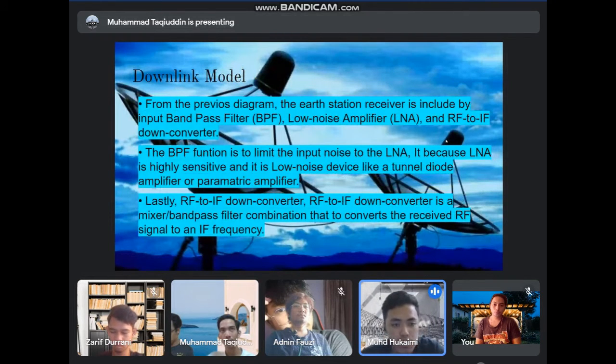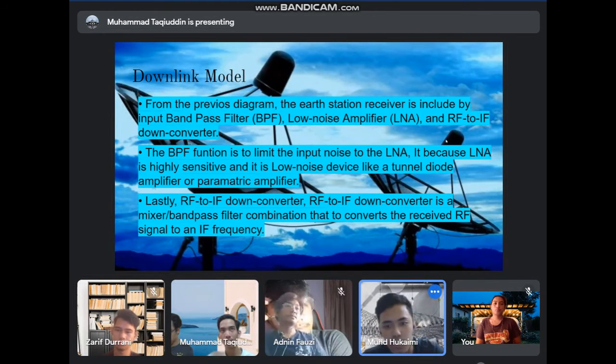From the previous diagram, the Earth station receiver includes an input bandpass filter BPF, a low noise amplifier LNA, and an RF to IF down converter. The BPF function is to limit the input noise to the LNA.